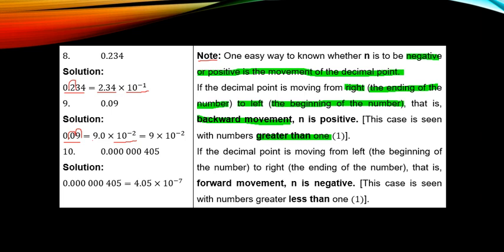Okay, so let's continue the second paragraph. If the decimal point is moving from left, and left is the beginning of the number, to right, which is the ending of the number, that is forward movement. When you are moving from left to right, you are going forward.